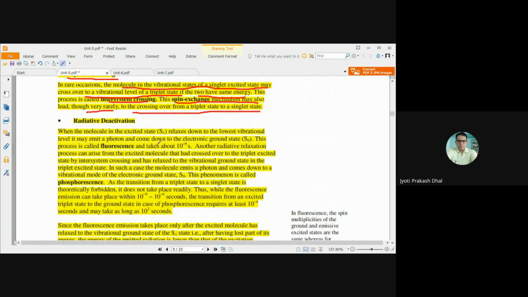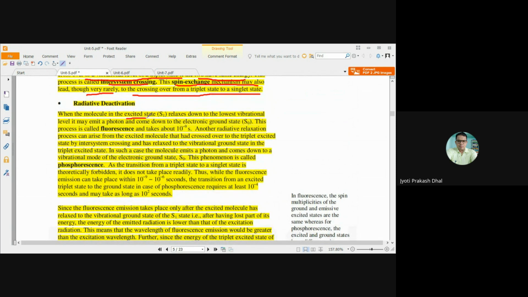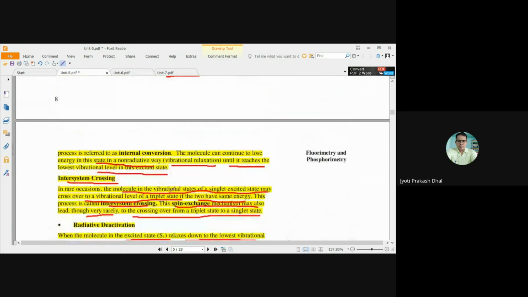Now coming to the radiative deactivation. When the molecules in the excited state, that is the S1 state, relax down to the lowest vibrational level, they may emit a photon and come down to the S0 state. This process is called fluorescence, and it takes about 10 to the power minus 9 second.